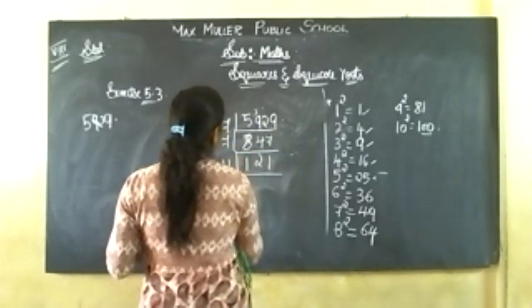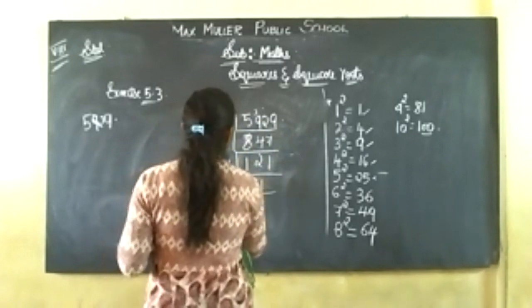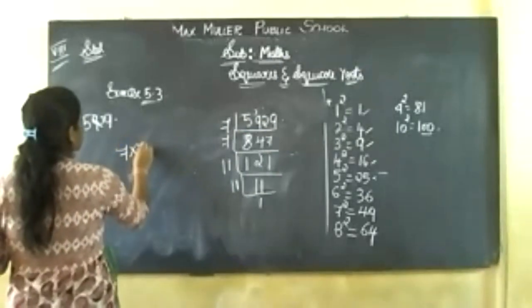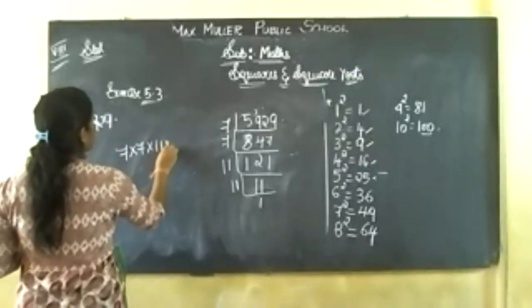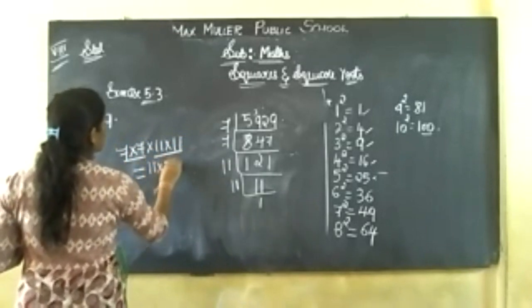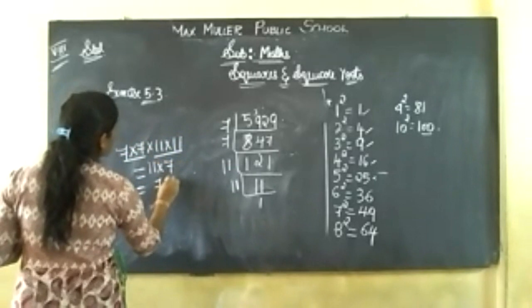The square root of 121 is 11. 11 11s are 121. So it is 7 cross 7 into 11 cross 11. It is 11 into 7, 77.